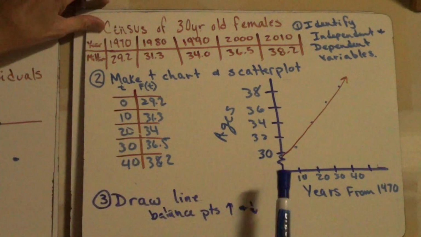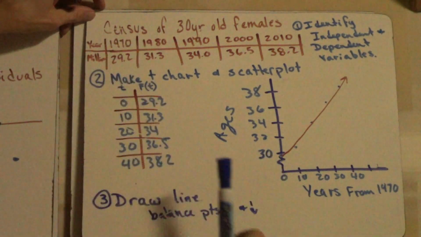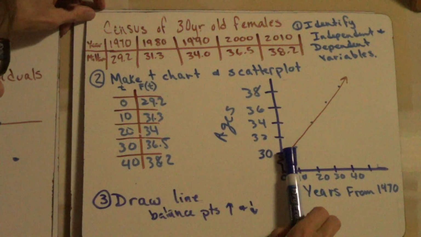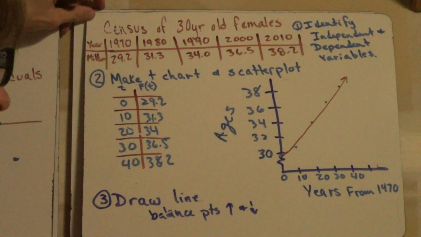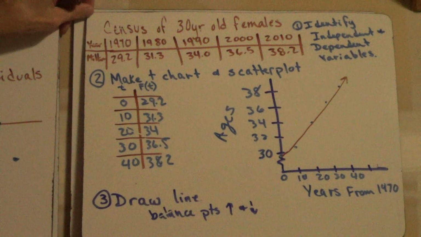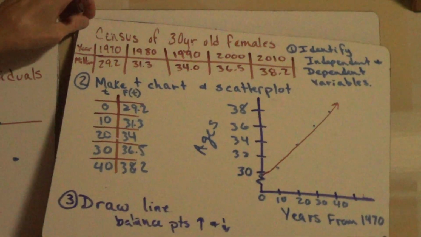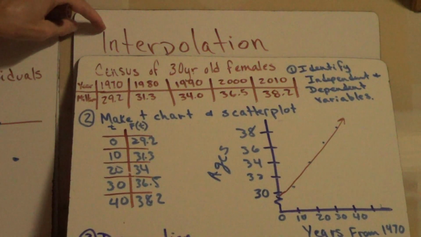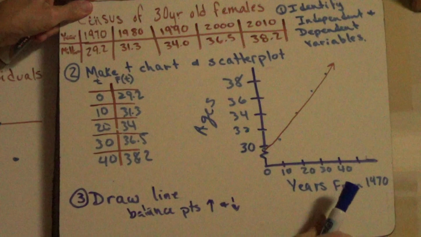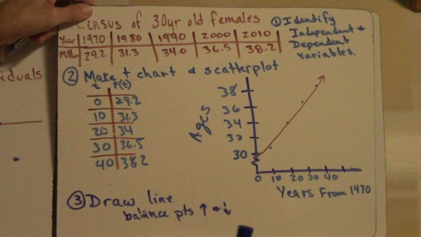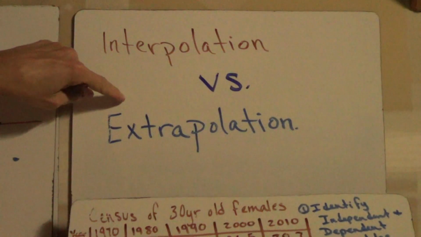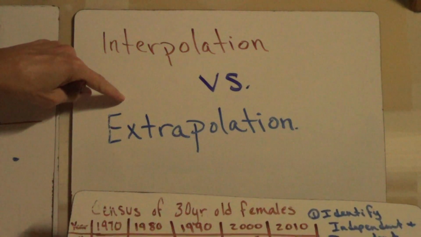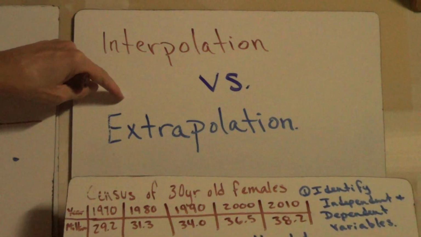And in predicting that, you could say, well, 1975 is only 5 years after, and you could come up here and hit your line of best fit. You could give me a pretty good idea and probably a pretty close estimate, and that is called interpolation. Because interpolation is within the data that you already have. It's inside.